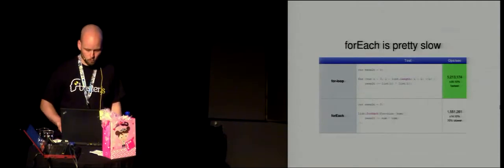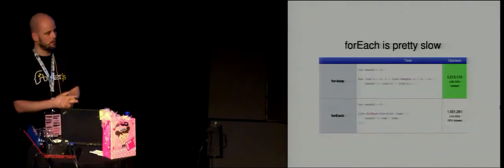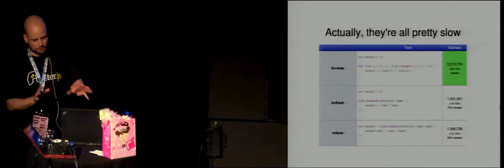Great. If I use for each, I can only do 1.5 million operations per second, which seems horrible in comparison. And reduce, it's about the same. I'd imagine if I run this enough times, it's going to even out.